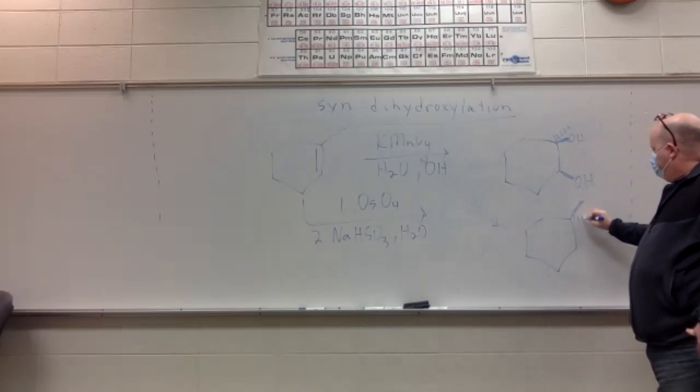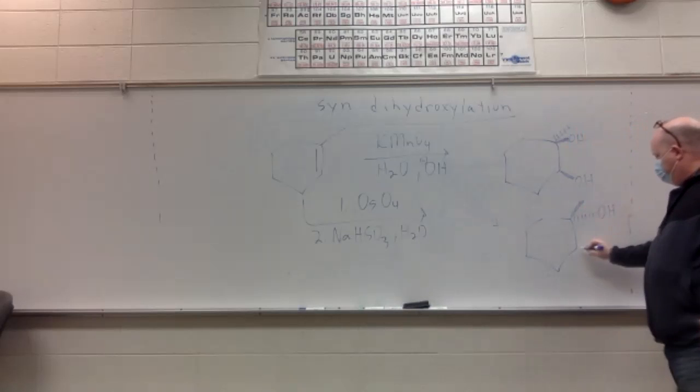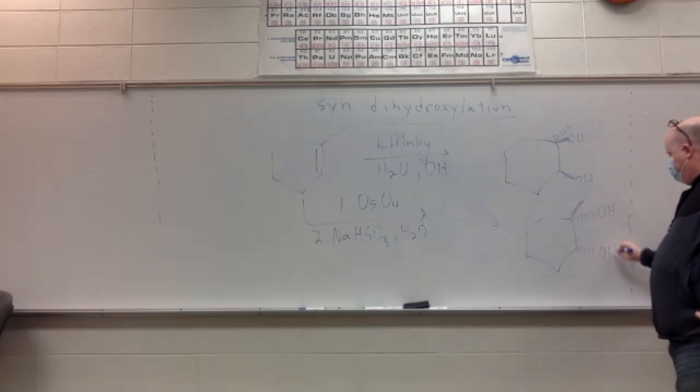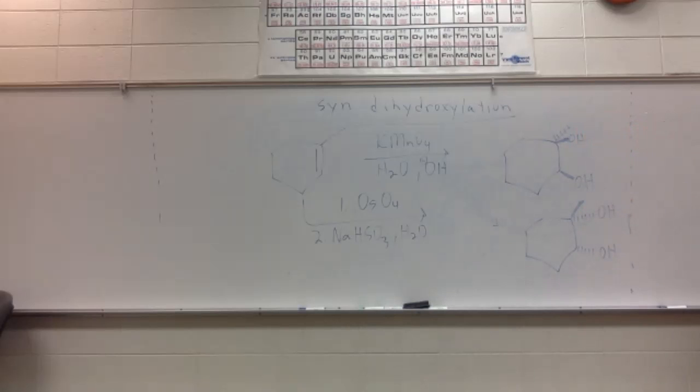Or it could be like this. They're both correct. They're both syn. Now, why does it do this? I'll have to wait till next time. All right, any questions on this stuff?